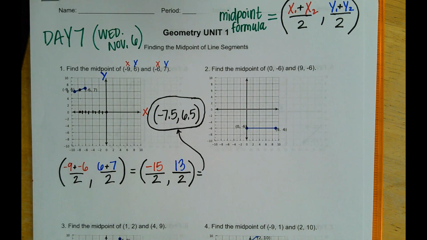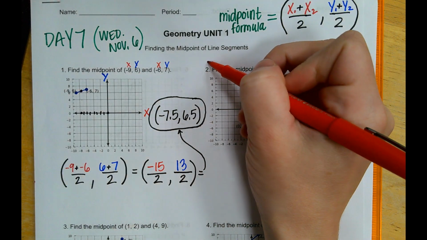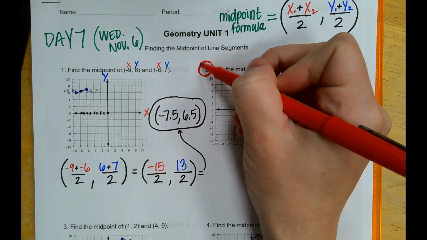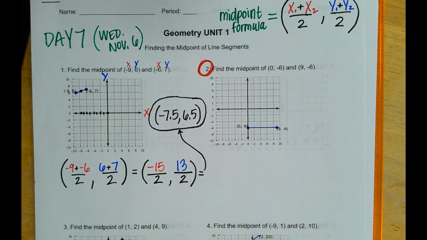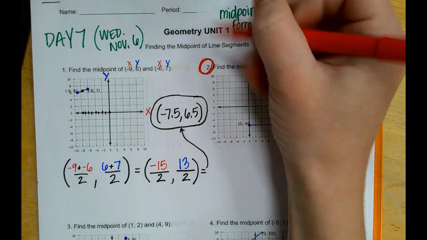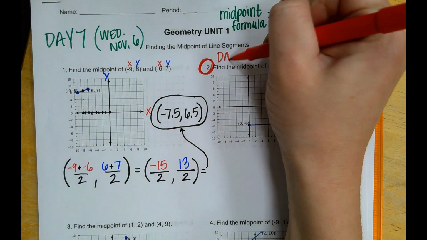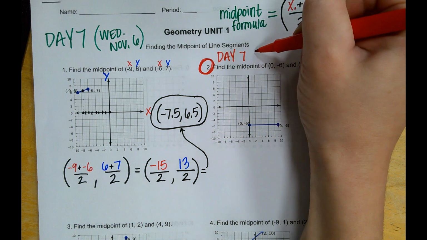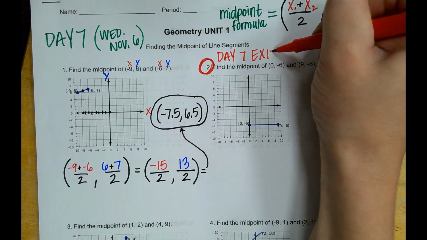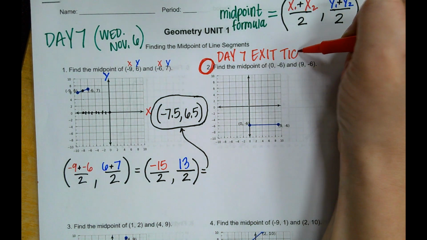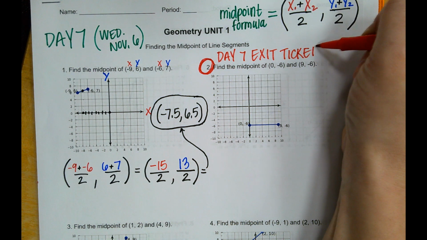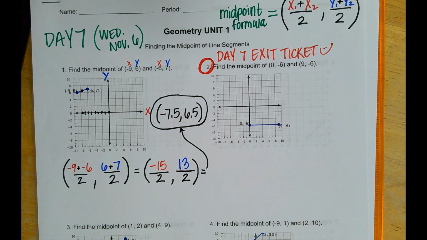So for our day 7 exit ticket, I want you just to find the midpoint for number 2. So day 7 exit ticket. And that is going to be all for our class today. I'm going to end that recording.